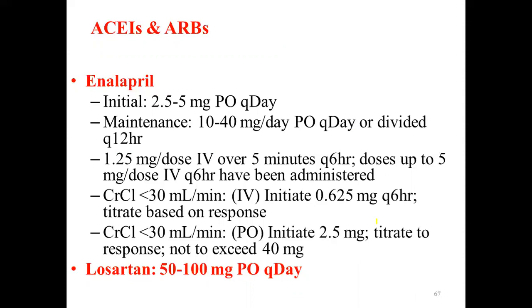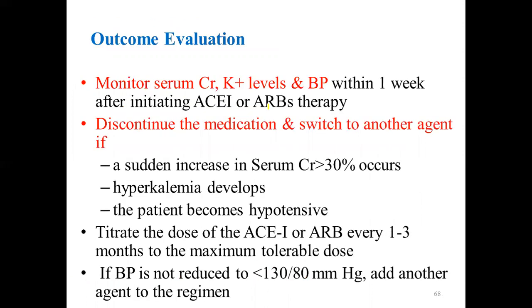As I said before, titration based on the renal function test is very, very important. If the serum creatinine is significantly elevated, avoid ACE inhibitors altogether because they can kill the patient through electrolyte disturbance. How do we assess the outcome? Serum creatinine, potassium level, and BP should be checked within 1 week after initiation of ACE inhibitors or ARBs.